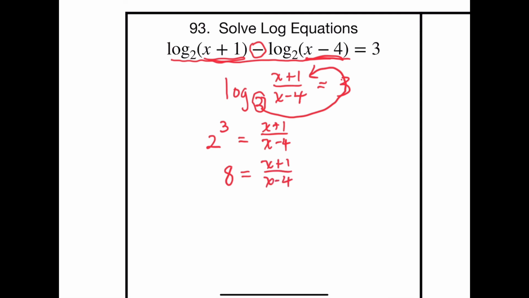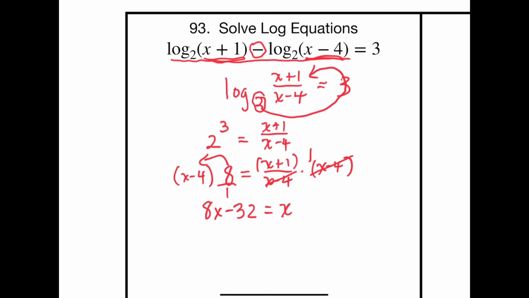To help me out, if I put 8 over 1 so that I have my two fractions, I can then multiply both sides by x minus 4 to remove the denominator. So 8 times x minus 4 will be 8x minus 32. On the right side, x minus 4 divides out with x minus 4, leaving me with 1 times x plus 1. Now I have a basic equation.